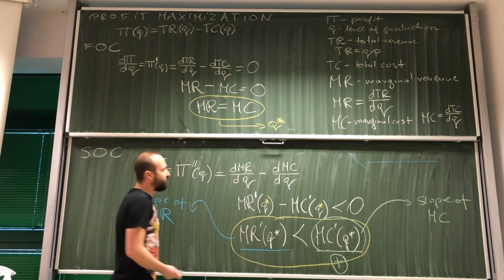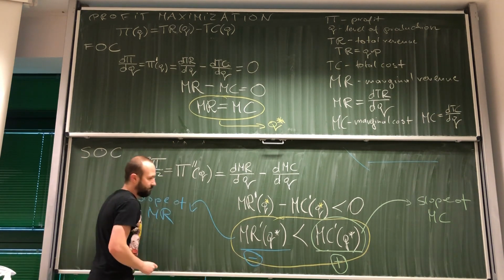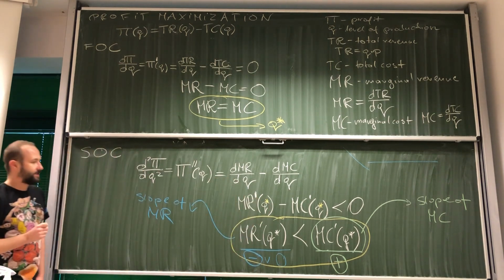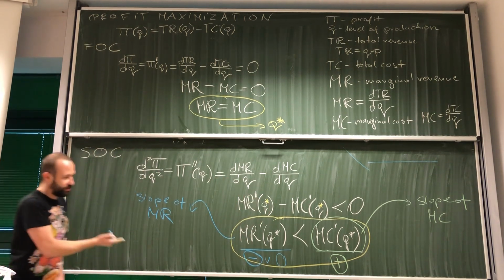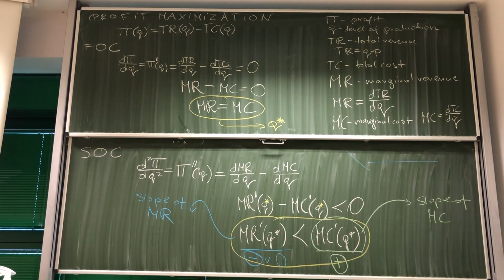So the slope over here is either going to be negative or equal to exactly 0. So this condition, as long as some very basic rational assumptions are fulfilled, is going to be fulfilled as well. But of course, when we do an exercise on some problem, then we need to check this condition again.